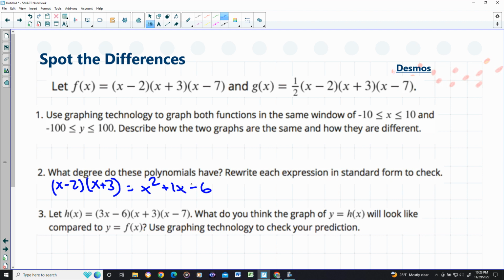I'll leave the 1 there just for clarity. Then I'm going to take that and multiply it by x minus 7. What I'm going to end up with is x to the third. Now, this is where it gets wacky, because you have to do x squared times minus 7.